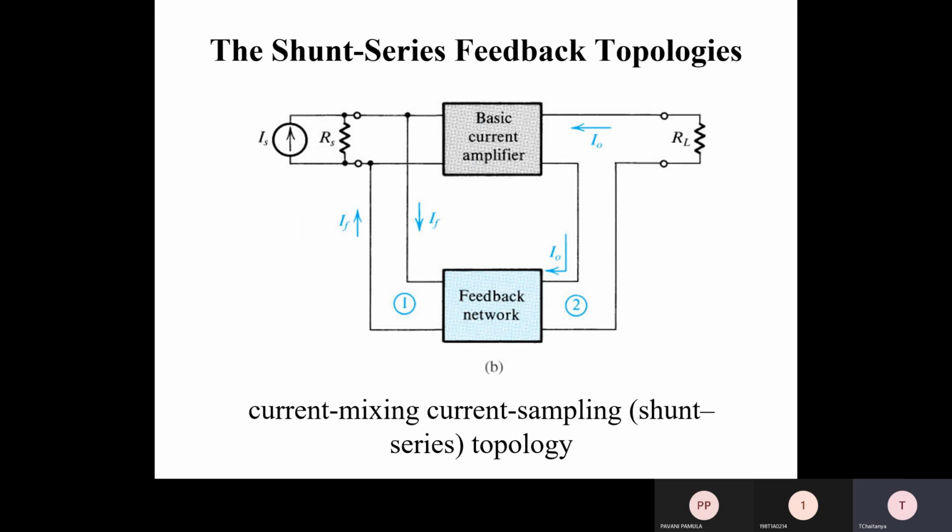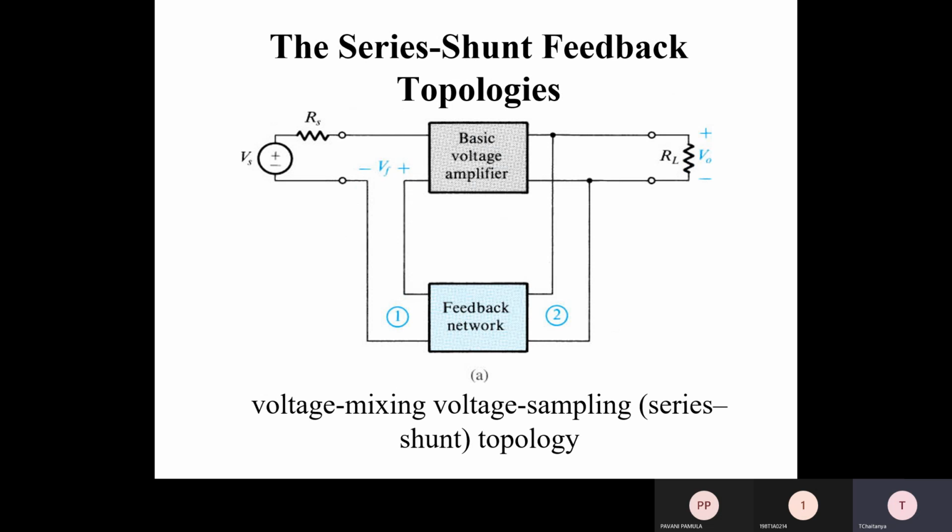Shunt comma series feedback. See, shunt comma series, that is current mixing, current sampling. Here is the shunt phase, series phase is here. In the last diagram you can observe series phase; now these two can be replaced with each other.